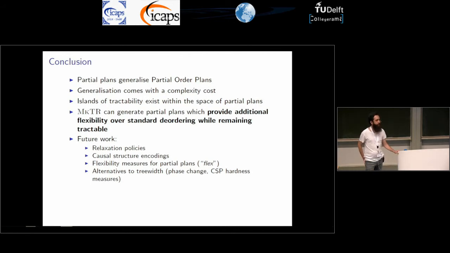I meant modifying the planner itself, so that the output of the planning algorithm is already a partial plan. Yeah, I mean that's a good idea. So rather than relaxing an existing plan, just generate a partial plan. I haven't looked into doing that.